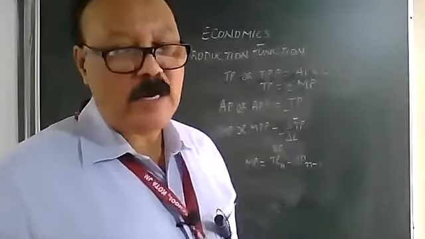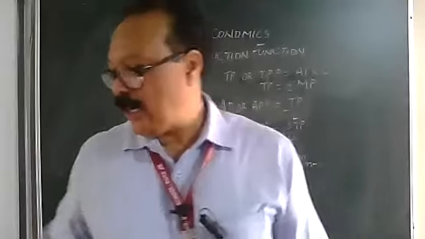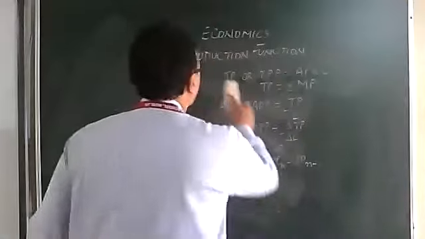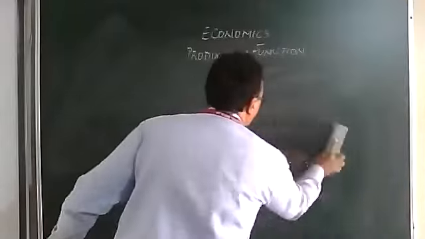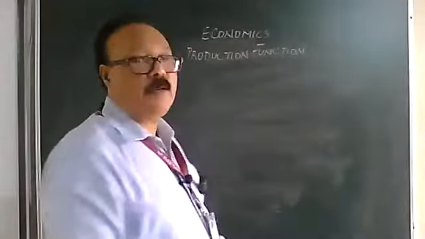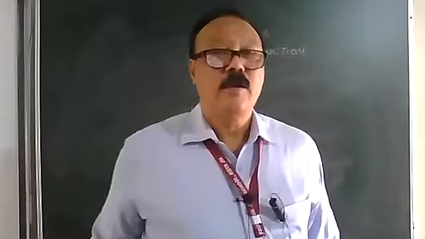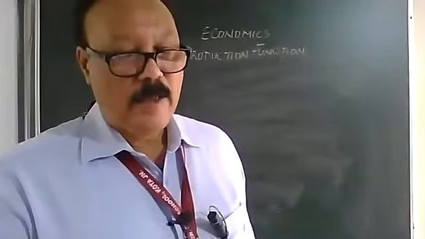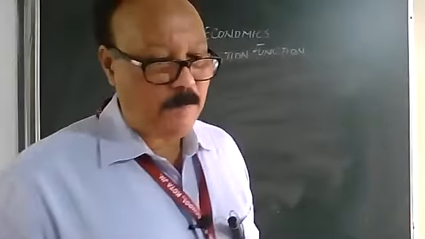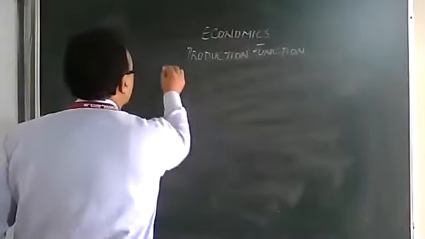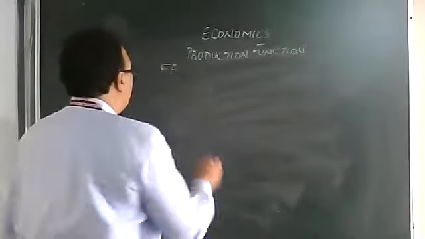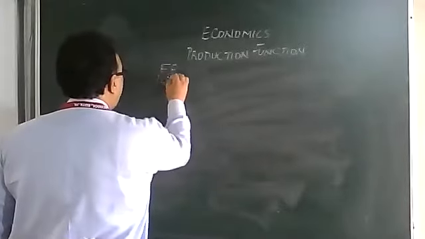Now we will do the relationship between TP, MP, and AP. The heading is relationship between TP, MP, and AP. First, I will draw a schedule. Fixed factors, let's say we have land.